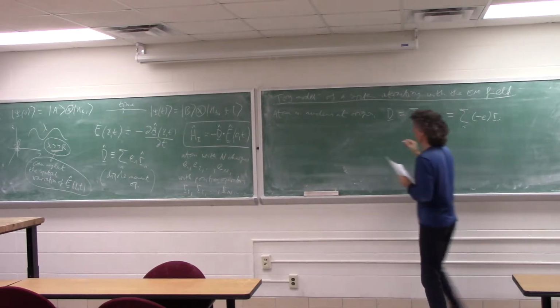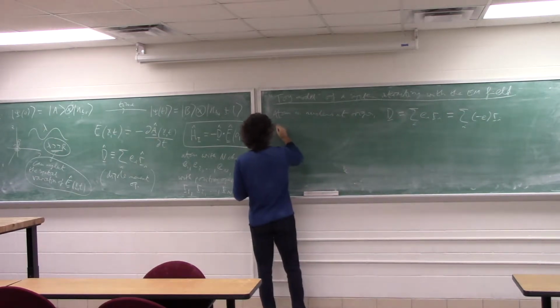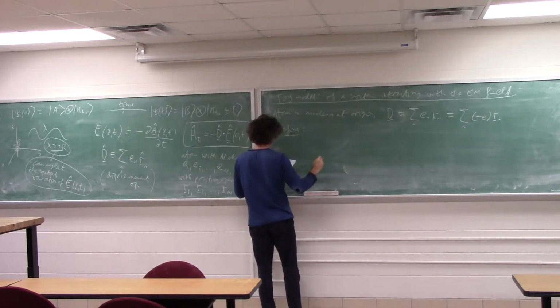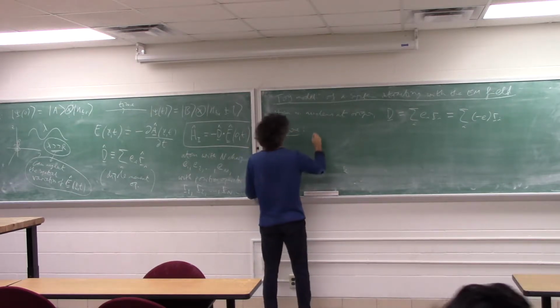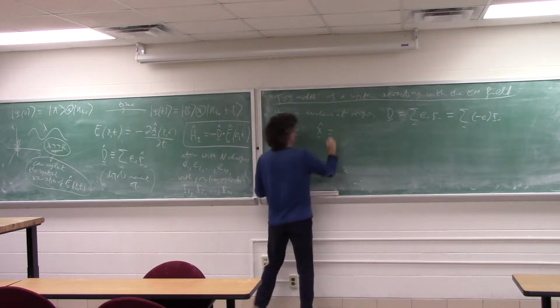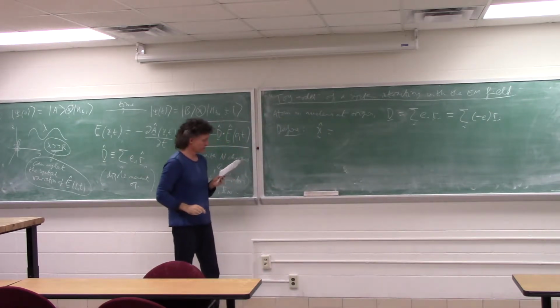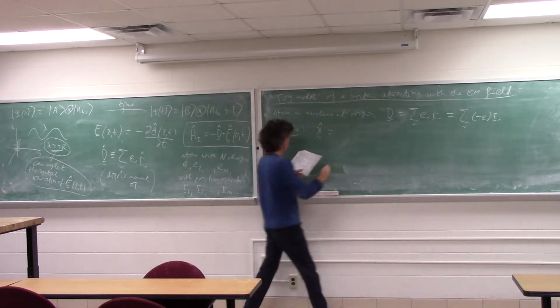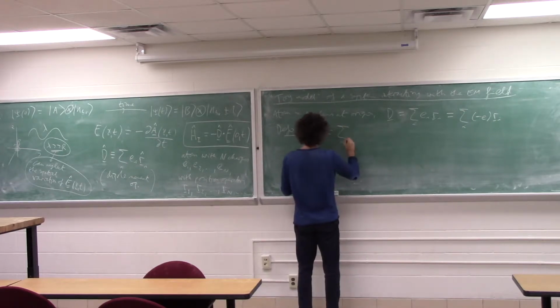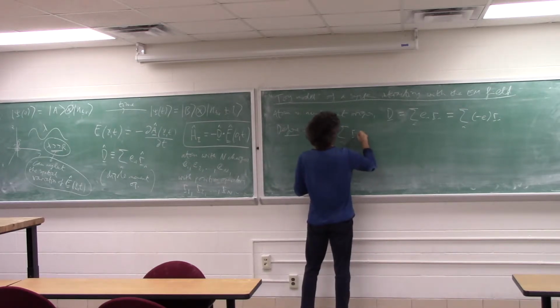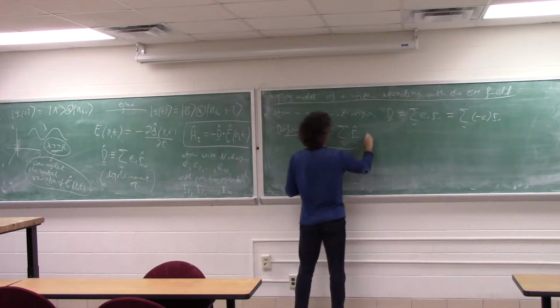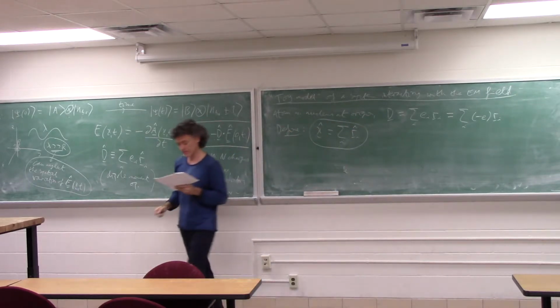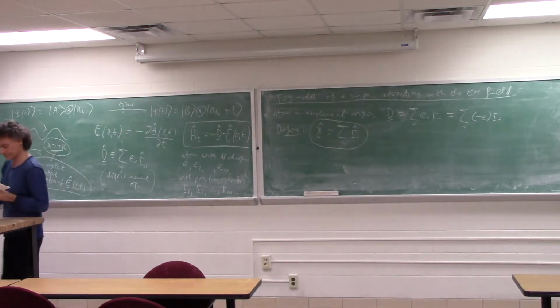So what I'm going to write is, let's define, I'm going to follow the notation of the book, define a vector x, and it's an operator that is a sum over i of the position operators for the electron in the atom.